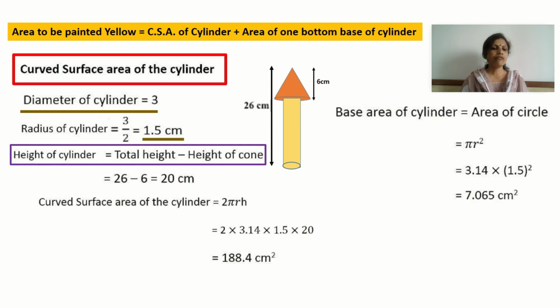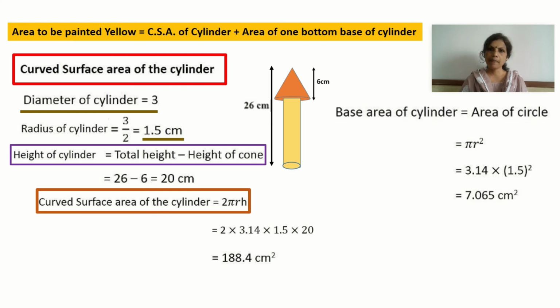Now it's easy for us to find the curved surface area of the cylinder, which is 2 pi r h. Substitute the values. 2 into 3.14 into 1.5 into 20, and your answer is 188.4 centimeter square. Alright, so this is the curved surface area of the cylinder.